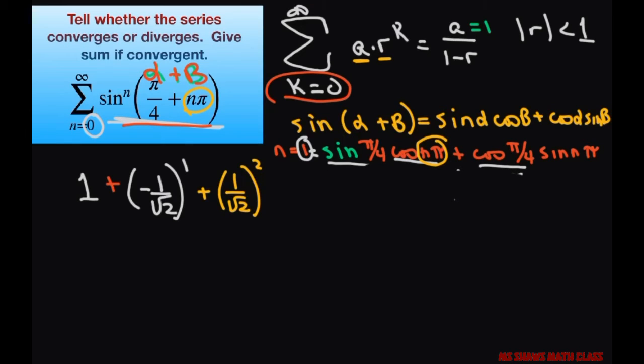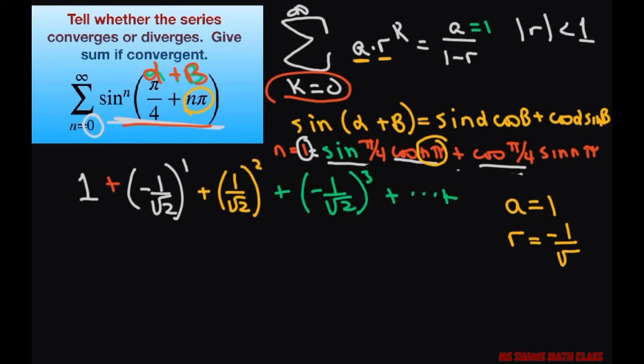Then the third term is going to alternate to negative 1 divided by square root of 2, cubed, and so on. So it's an infinite geometric series with our first term equal to 1, and our r is negative 1 divided by square root of 2, because that's what you keep multiplying by to get to the next term.